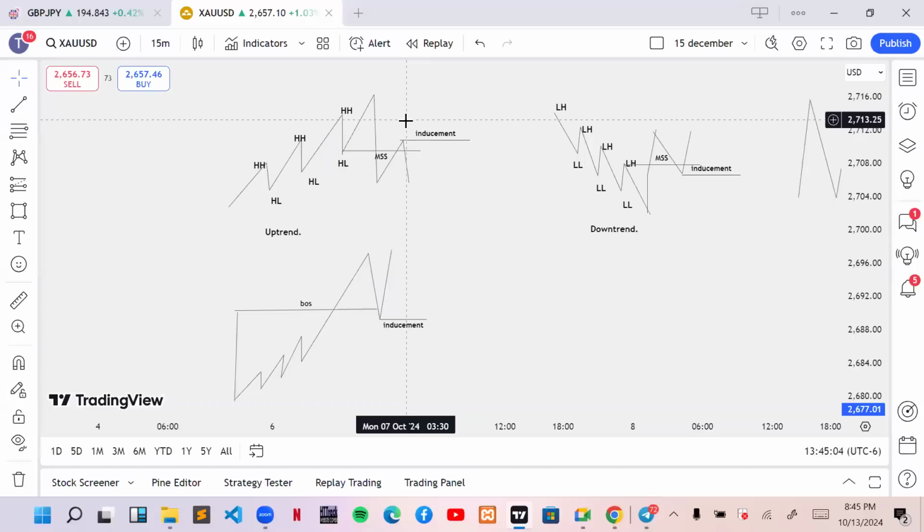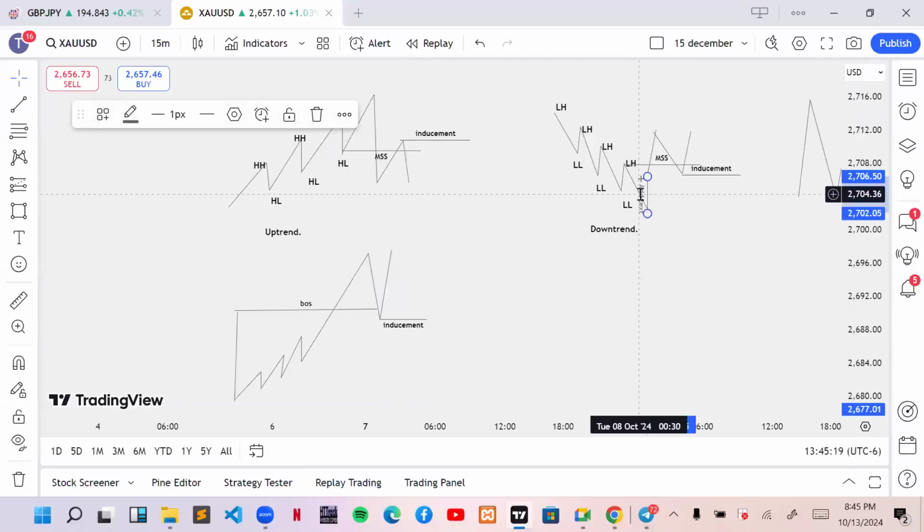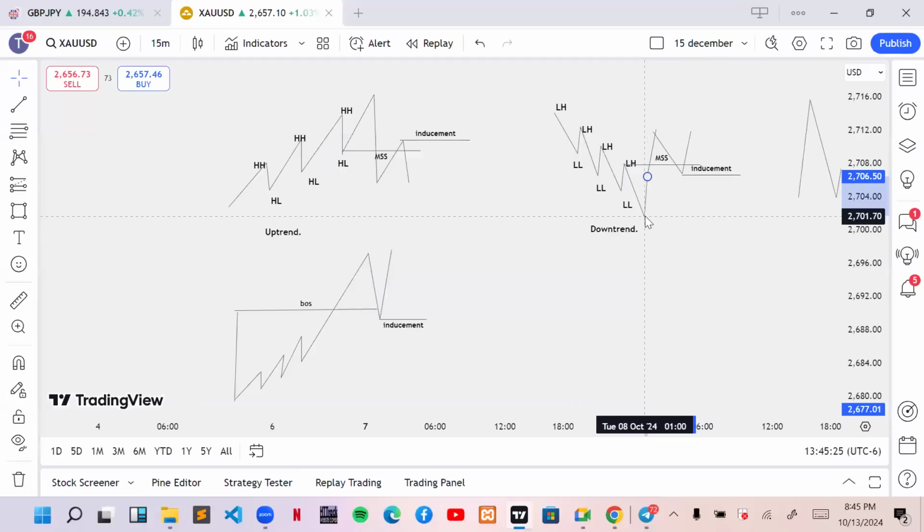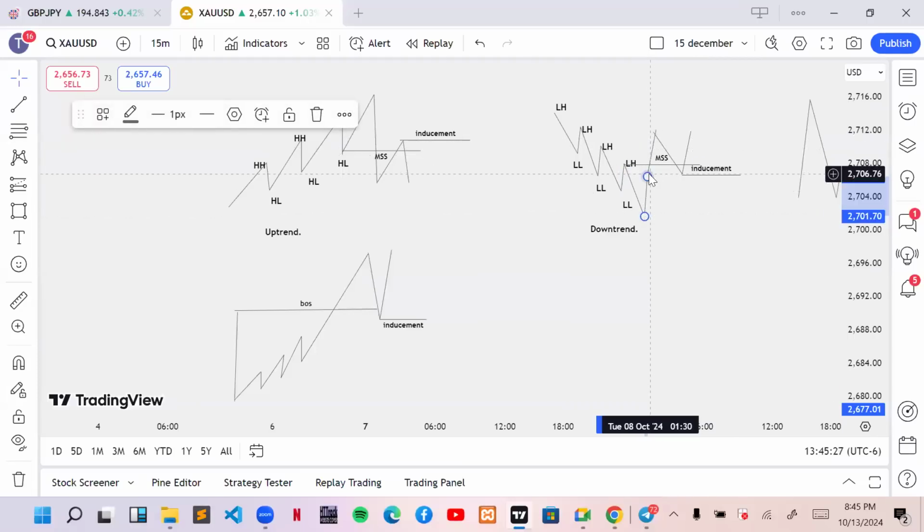The market will eventually come down or come up to sweep that liquidity. By sweeping it, I mean go out and then go below that liquidity zone and trigger the main point of interest, or eventually selling or buying. That is what inducement is. It's a trap in the market, a first valid pullback that the market makes after a market structure shift or a break of structure. So that is the liquidity part of my strategy.